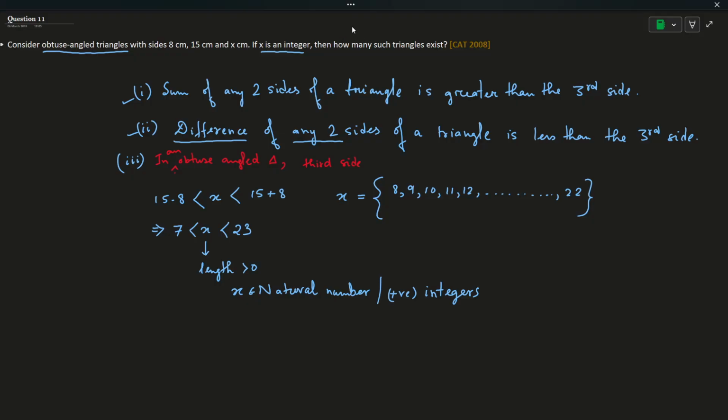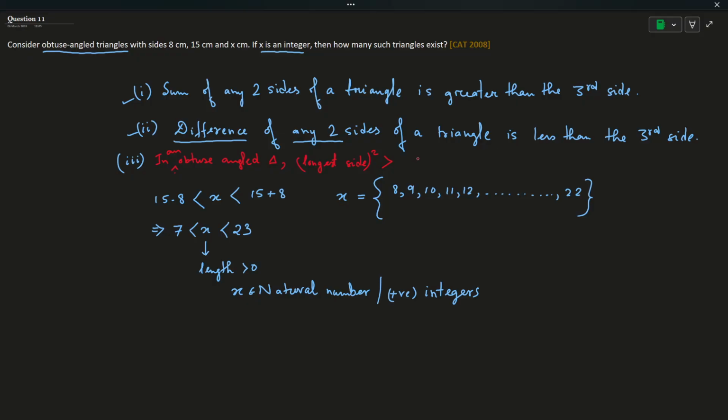I will say the longest side. The square of the longest side is greater than the sum of the squares of the other two sides.